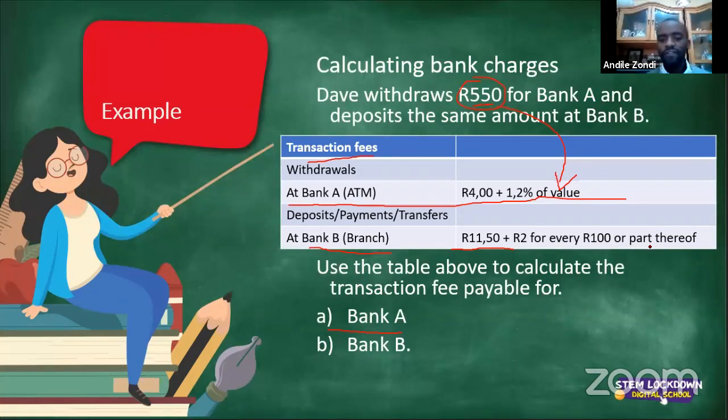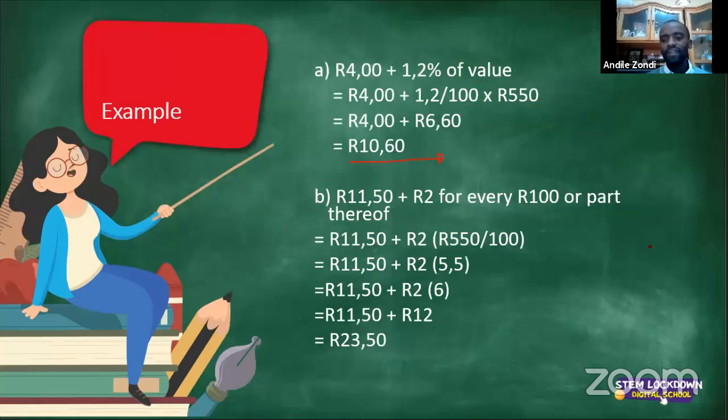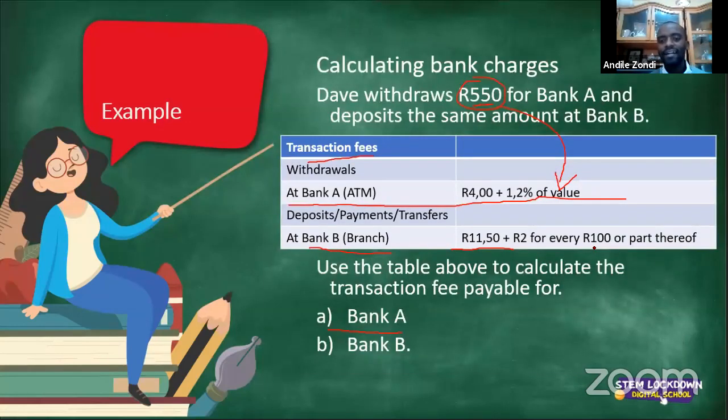In other words, for every 100 rand deposited. But the keyword here is part thereof. So we need to look at how much money he'll be charged. You need to determine how many 100 rands, because he's paying 2 rand for every 100 rand. How many 100 rands are there in 550 rand?